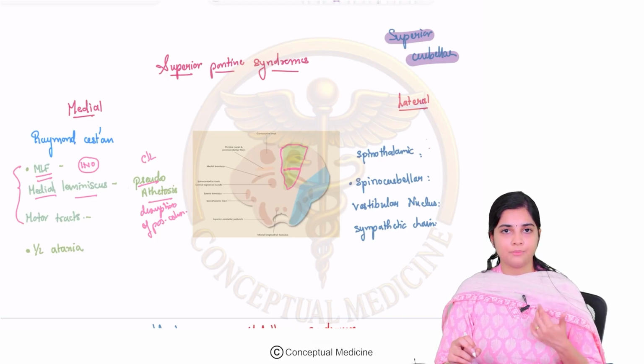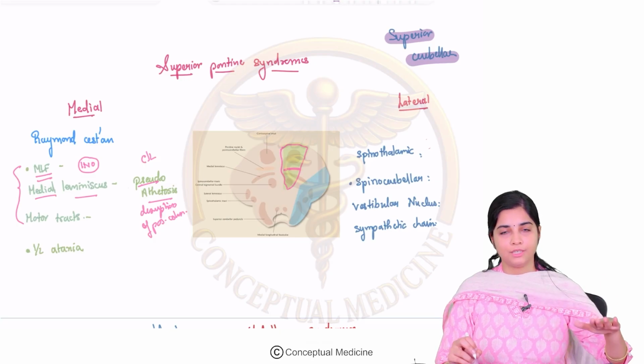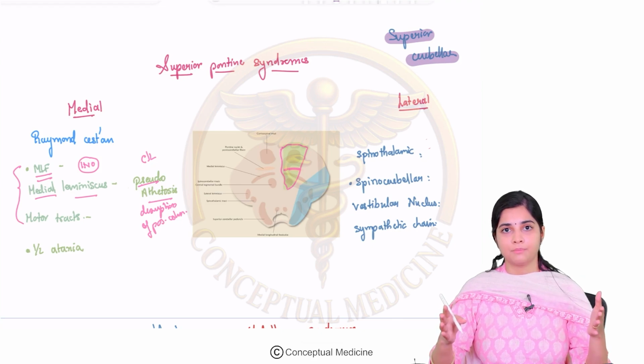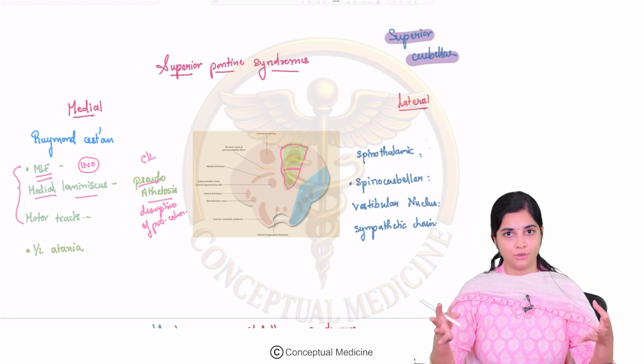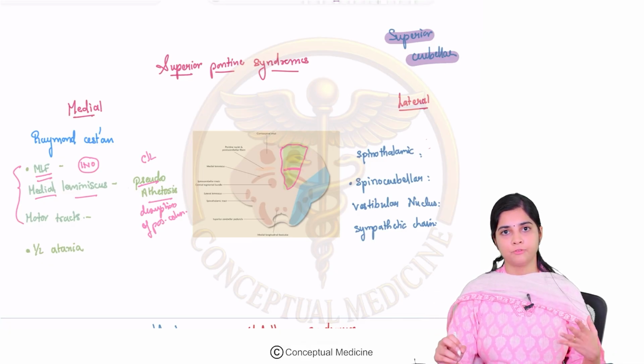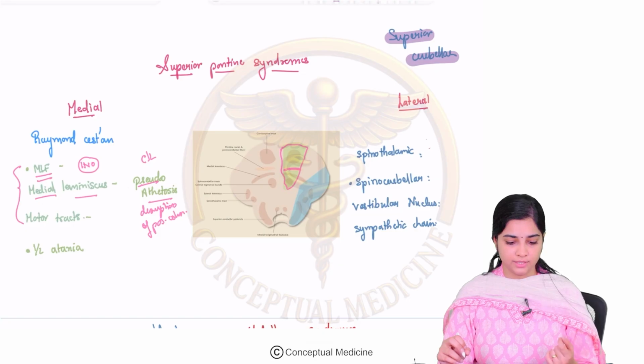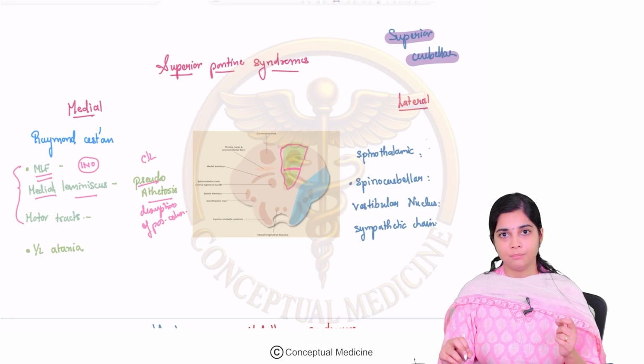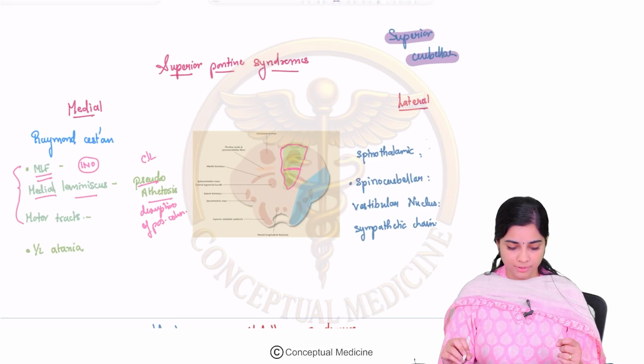So if this proprioception and vibration is lost, when you keep your hand outstretched like this, there will be slow dance-like movements because the patient is unable to identify the joint position of the hand, where exactly the hand is placed, and it results in this kind of movement called pseudoathetosis, which happens due to your medial lemniscus involvement or your posterior column tract involvement.